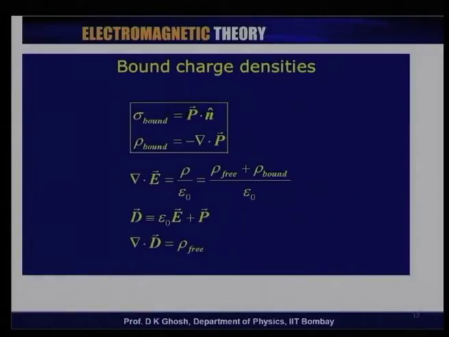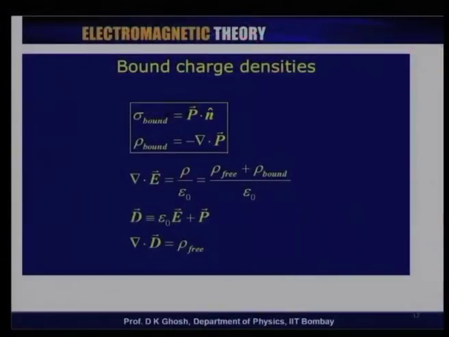In other words, D, or the displacement vector, is a vector which we have constituted, or we have made up, which sort of artificially tries to separate the effect of the free charge density.